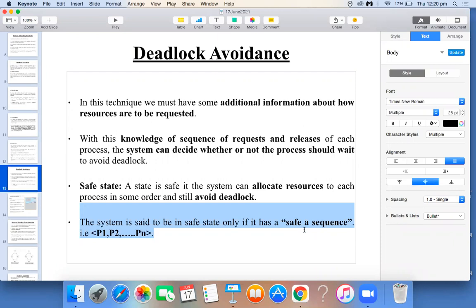Then such a state is called a safe state. And a safe sequence means the order in which the processes have executed and released their resources. Hope the two definitions are clear to you. Okay, fine, right. Next.